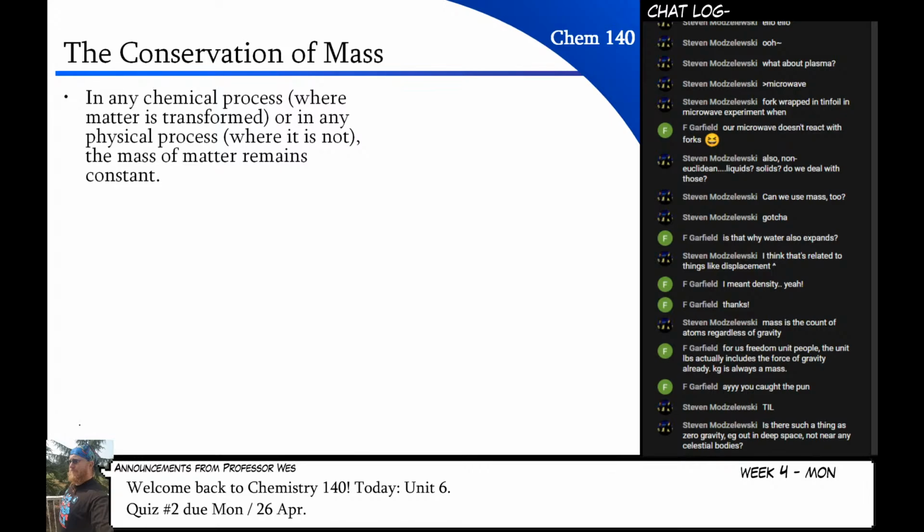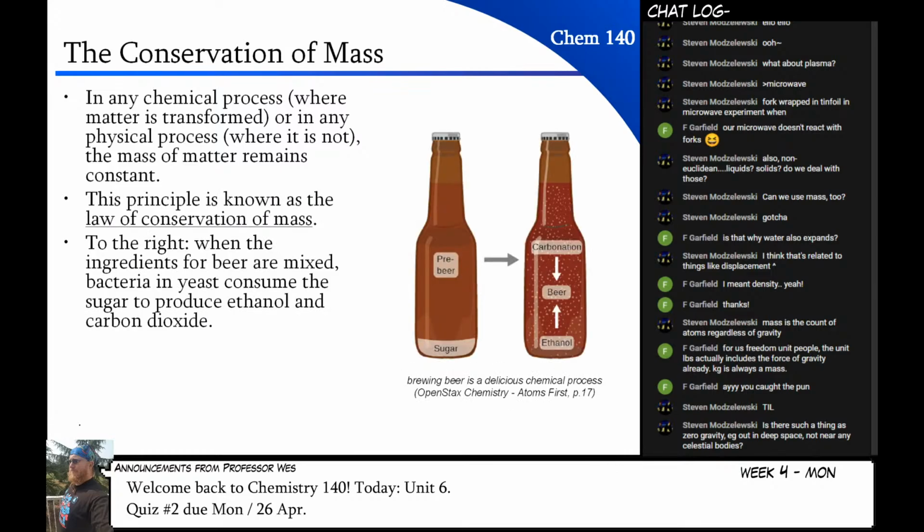Now, when we do any reaction or process, I said reaction earlier, but I meant to say process. You may transform your matter, or maybe you don't, but how much of it you have is always going to remain the same, because all you're doing in a reaction is cycling electrons around or exchanging which atoms are paired with which other atoms.